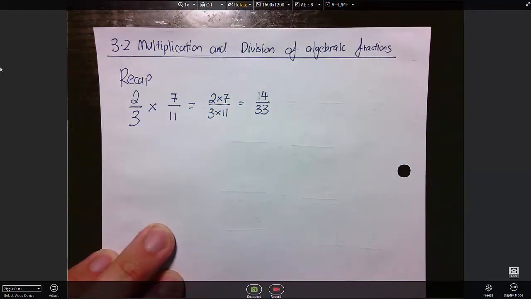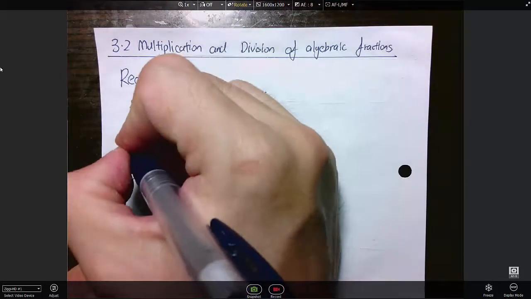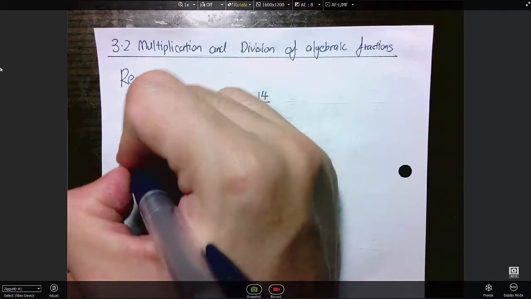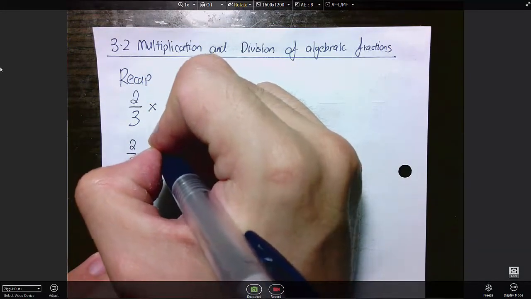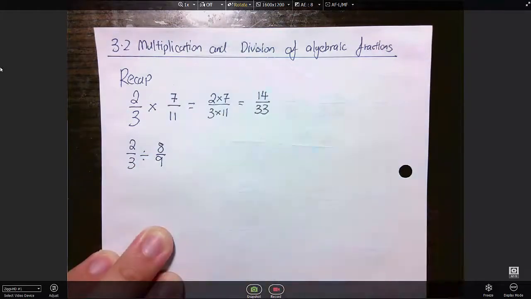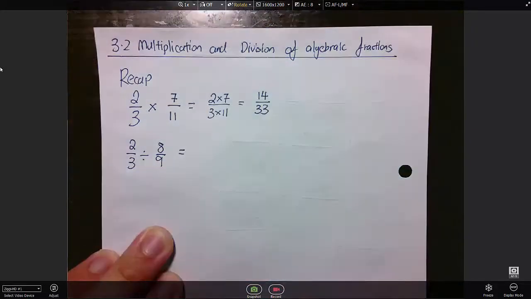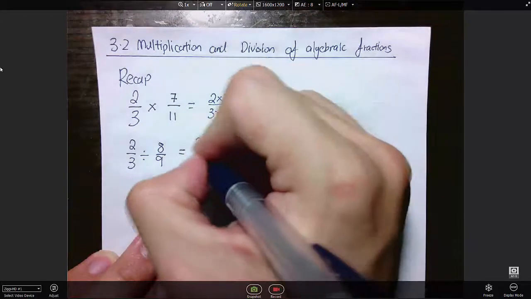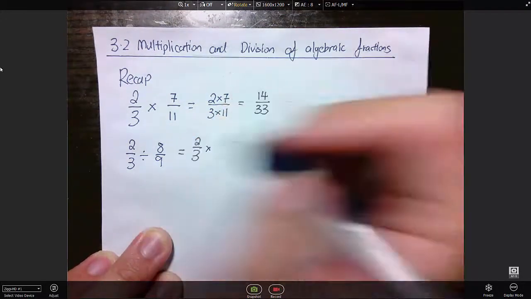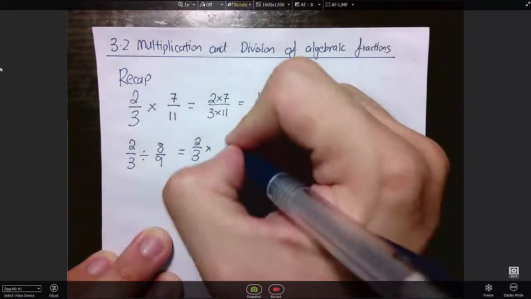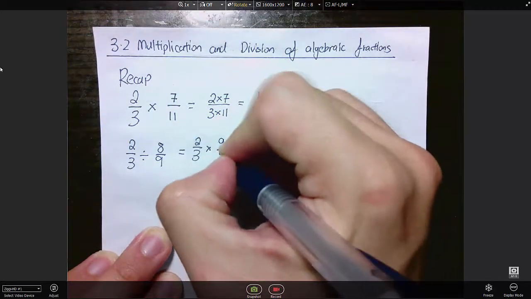Alright, simple enough. And of course, if we want 2/3 divided by 8 over 9, I first write down 2/3, change the divide to multiply, and take the reciprocal of 8 over 9, so it becomes 9 over 8.